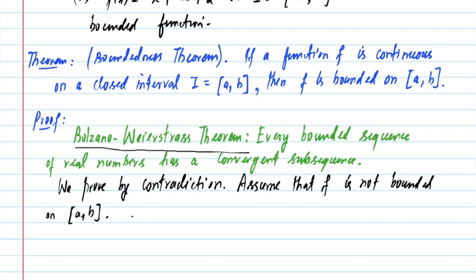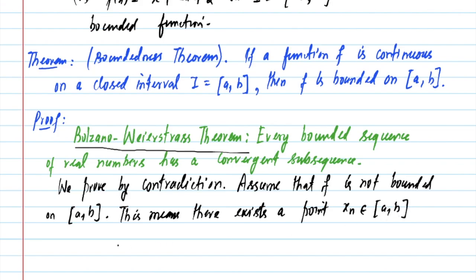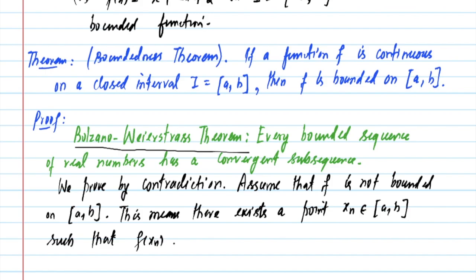So now what we mean by a function is not bounded on a b, this means there exists a point, suppose xn belongs to the interval a comma b such that f of xn is greater than n for all n belonging to the set of natural numbers.